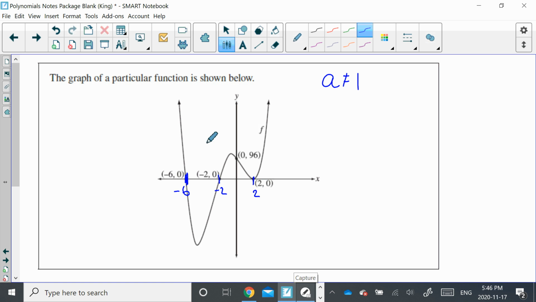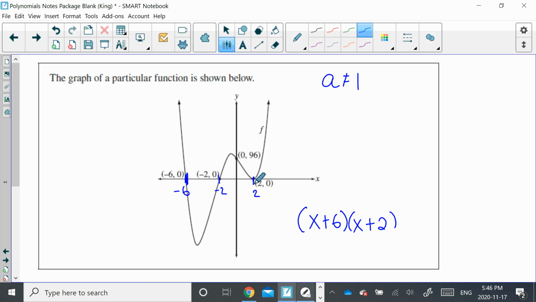So for example, this x-intercept is -6. The factor to get that would be x plus 6, right? It cuts through. I know this is going to be a degree of 1. This x-intercept here, the factor that gives you that 0 of -2 is going to be x plus 2.